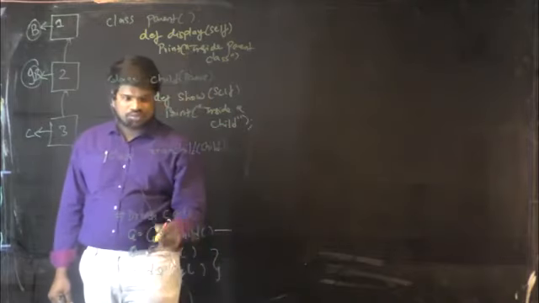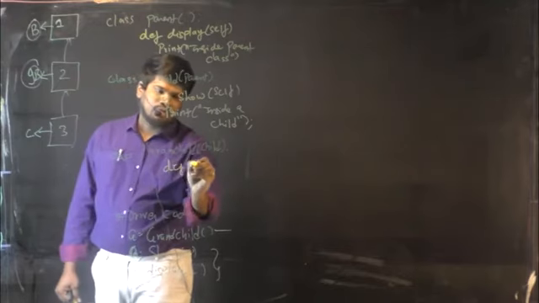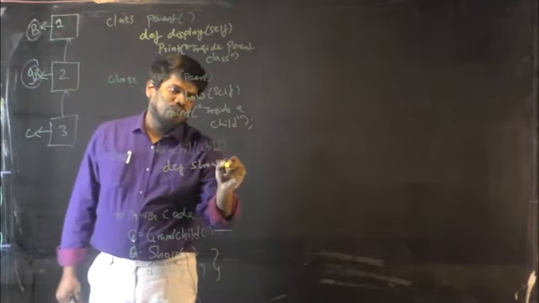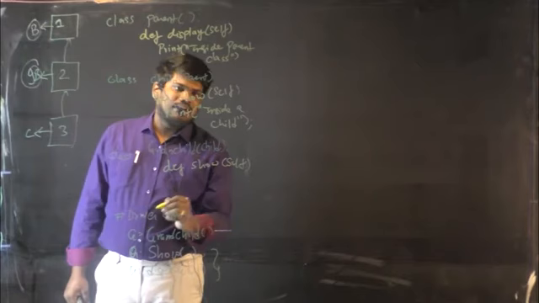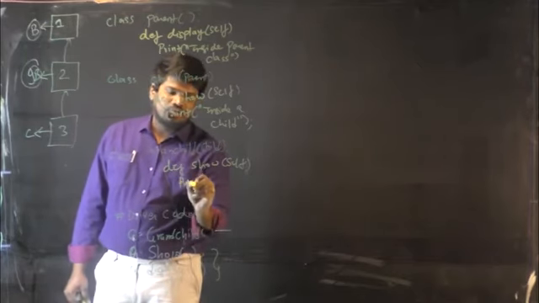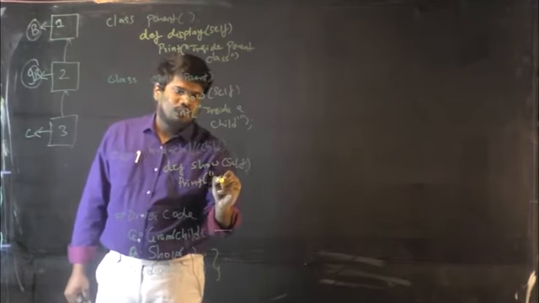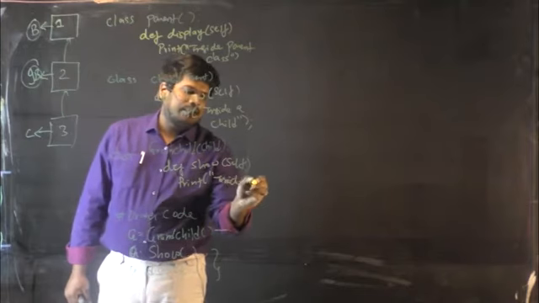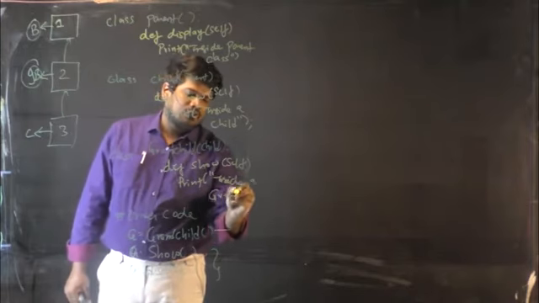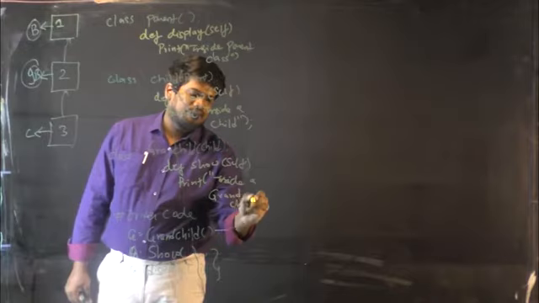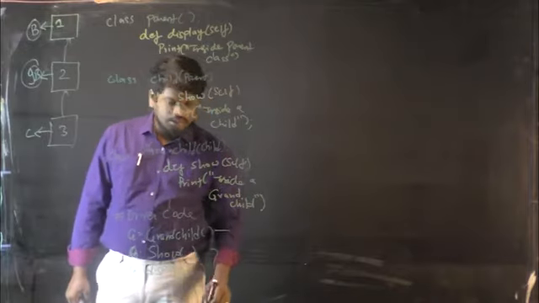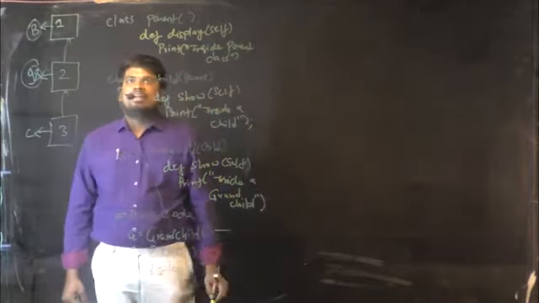Next, I am taking one more method, def show, with self, print inside a grandchild. So I am done writing here.